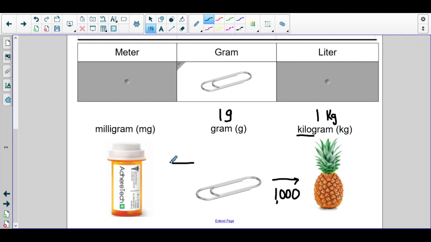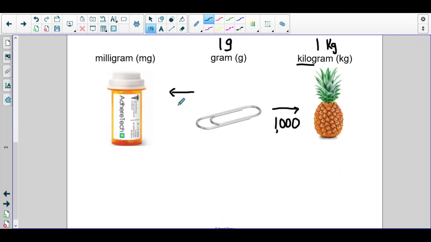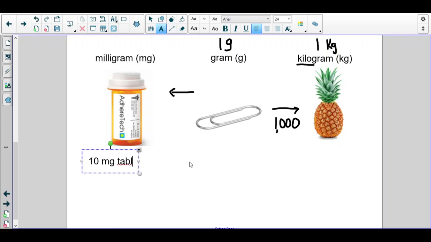Now, on the other hand, going this way is a unit of measurement that, while we won't be using in this lesson, I want you to be familiar with, and that's called the milligram. You'll see them on medicine bottles and prescriptions, and that is how the strength of the medicine is indicated. If you have a prescription that is a 10 milligram tablet, that 10 shows the strength or the amount of the medicine that's in there.